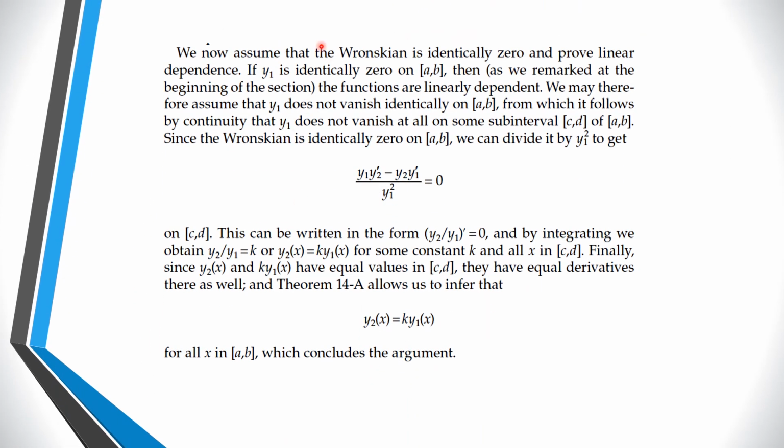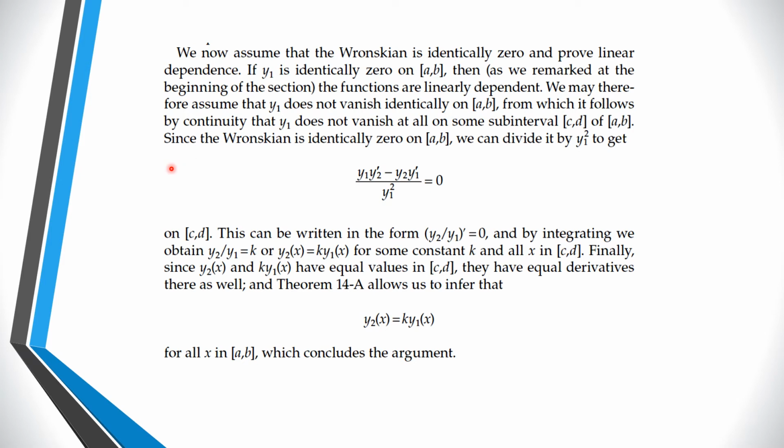Now the next is the converse part. Let's suppose that the Wronskian is identically 0, and we need to prove that y1 and y2 are linearly dependent. Again we assume that none of them is 0, because if one of them is identically 0, then clearly they are linearly dependent. Why?